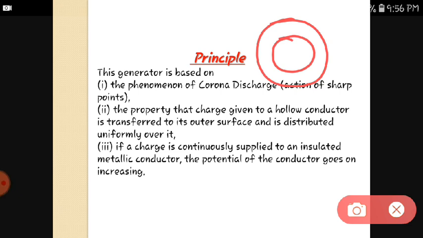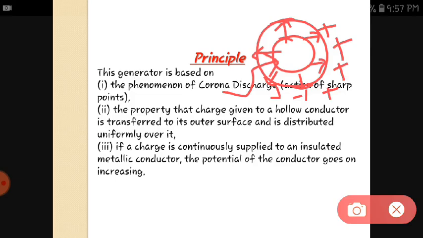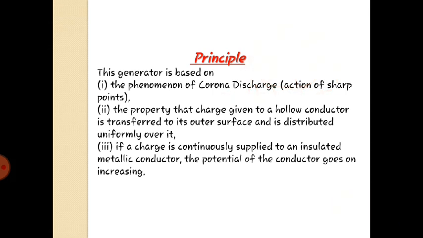But the principle is, if I apply a very high charge to the inner sphere, it will transfer all the charges to the outer sphere and that will get distributed uniformly all over the surface, as it is a hollow conductor. So we are going to apply charge to the inner sphere only.